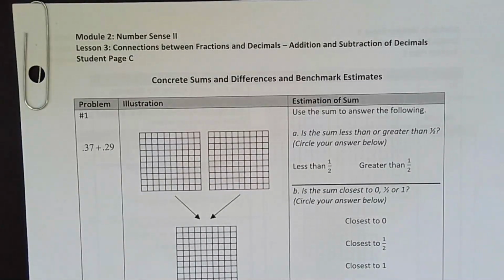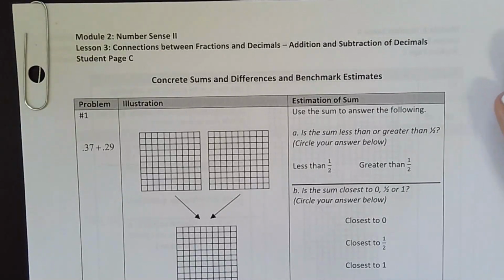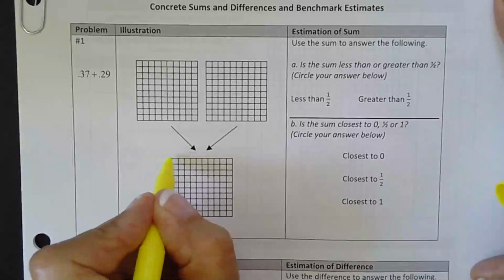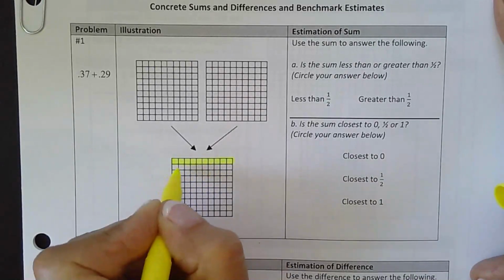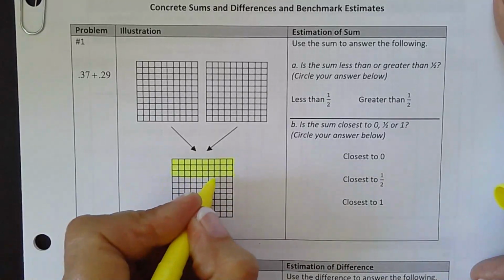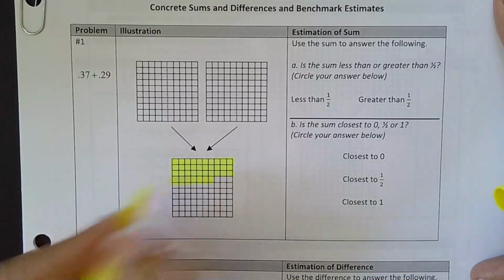Okay, I'm going to show you one on here with the coloring, but it's really silly to color because it's so easy to add and subtract decimals. So I'm only going to do this one just to show you, and after that we'll just do the problem. This is 37 hundredths, so that means shade 37: 10, 20, 30, and all but the last 3, 37 boxes.